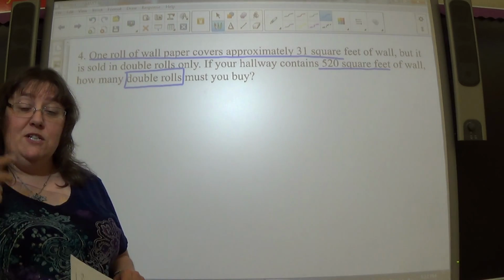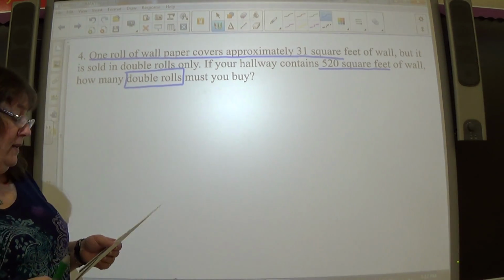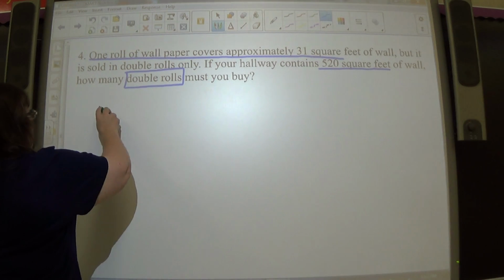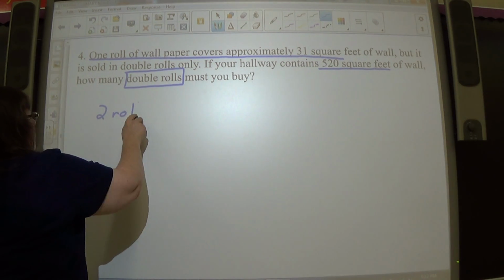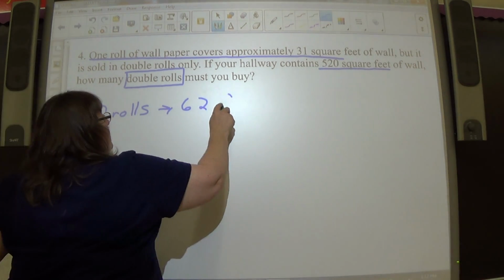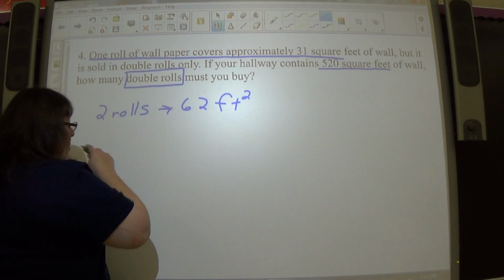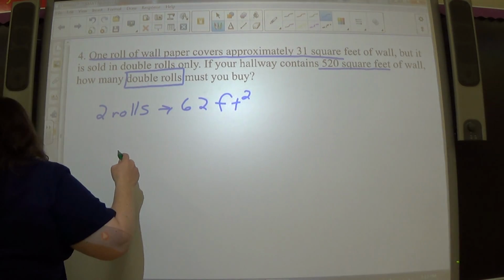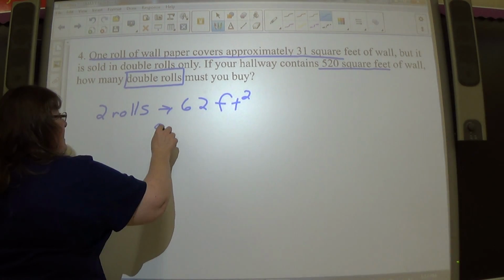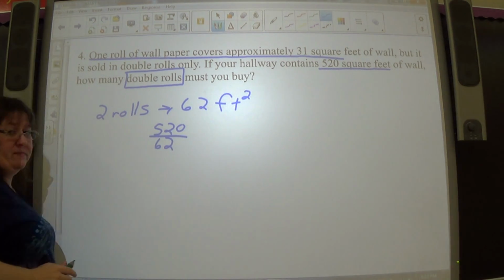Okay? So that means you need 2 rolls for one type thing. All right? So, if 2 rolls covers 62 square feet, all I need to do now is divide 520 by 62.